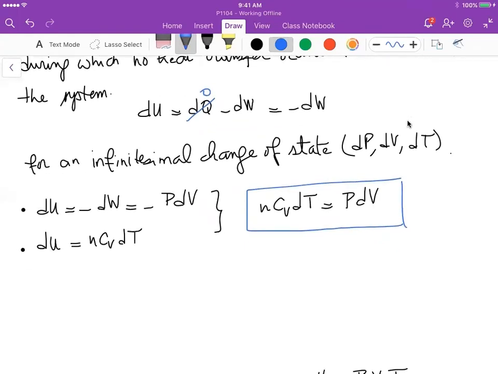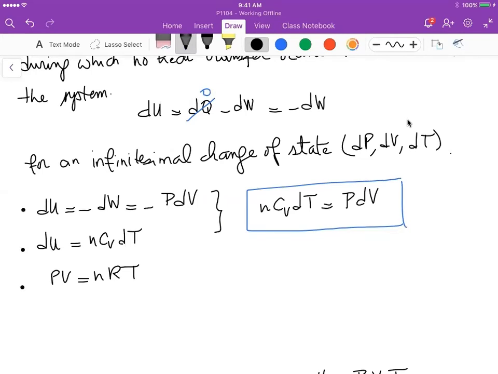Okay. Also, we shouldn't forget the equation for the ideal gas law, which is given by PV equals nRT. And we're going to do as we did previously. We differentiate this equation, meaning we apply the differential operator D to see how these variables change with respect to each other.